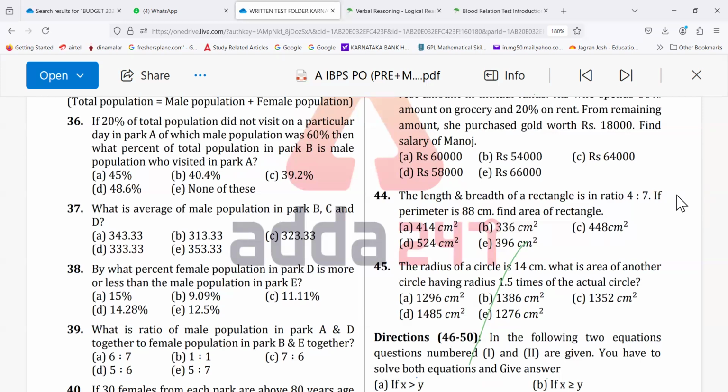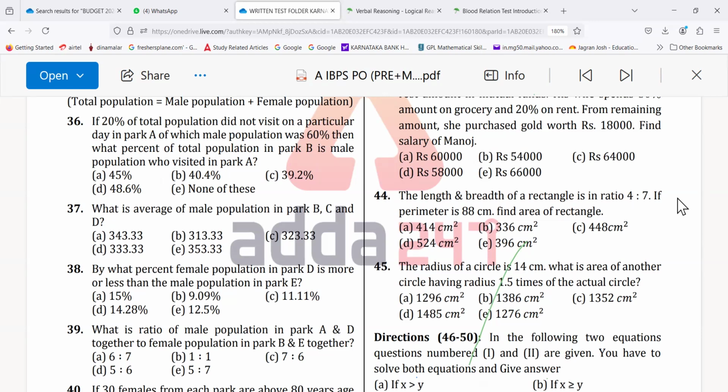That is 45. The radius of a circle is 14 centimeter. What is the area of another circle having radius 1.5 times the actual circle? Very, very easy problem. The radius of the first circle is how much? 14 centimeter. What is the formula for the area of a circle?